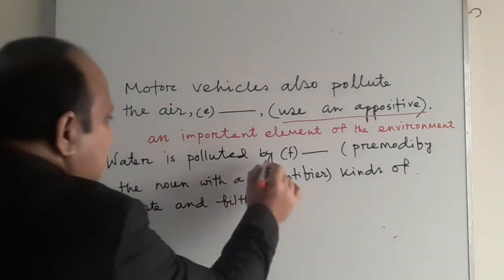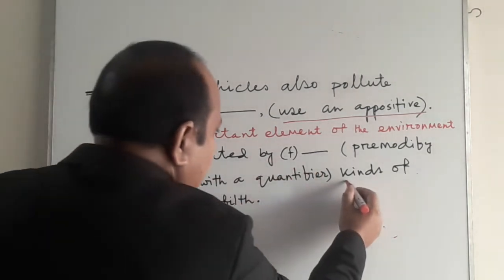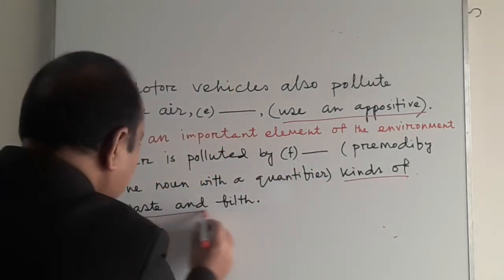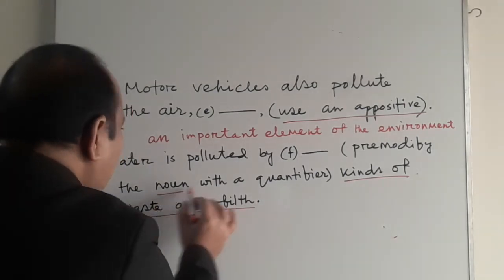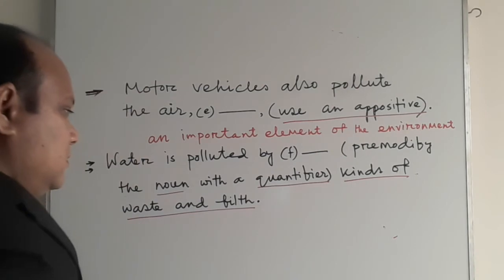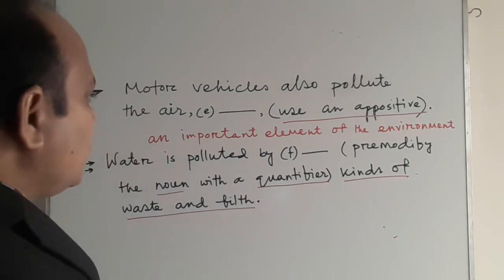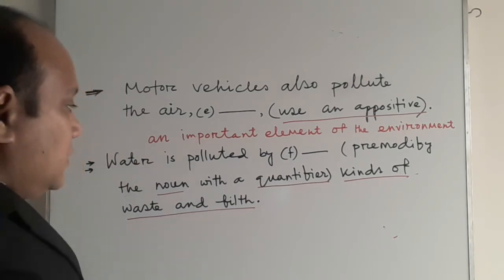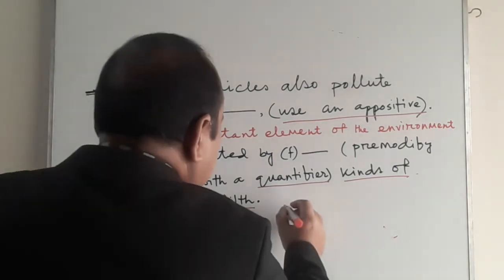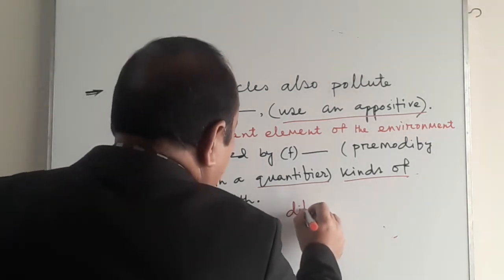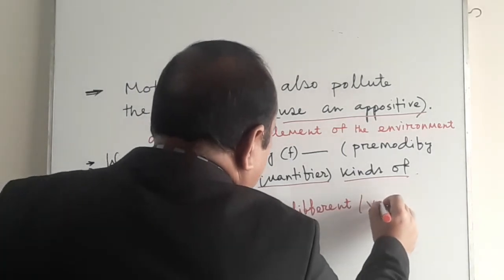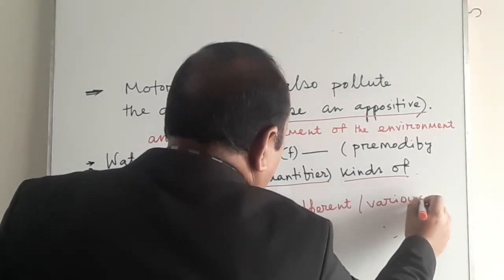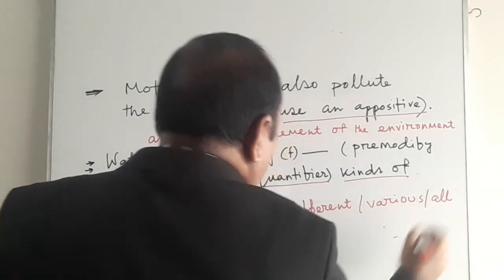Then water is polluted by dash kinds of waste and filth. So you are asked to pre-modify the noun with a quantifier, that is number. If we want to use a quantifier, it may be different or various or all.